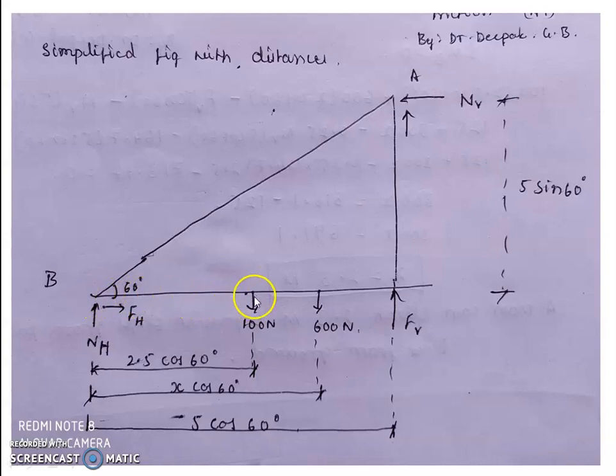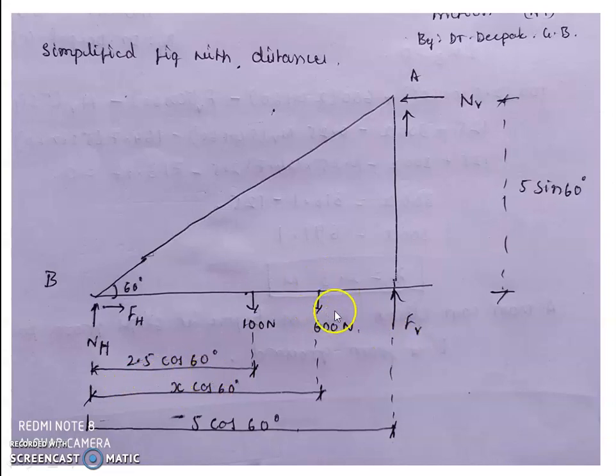One is this weight. Weight is at a distance 2.5 cos 60. So this 100 Newton is the weight of the ladder. It is at a perpendicular distance 2.5 cos 60, and it is making a moment in the clockwise direction. That's why it is positive. 100 is the force multiplied by the perpendicular distance, that is 2.5 cos 60.